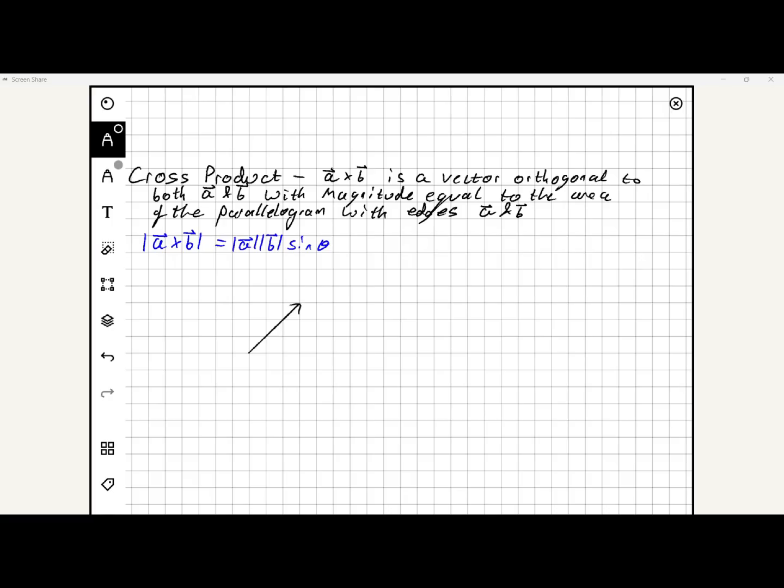We have two vectors a and b. Then we have an angle here of theta, but we know that this is a right angle. It doesn't necessarily have to be a right angle though, but let's say we have a and b which is orthogonal. Then our a cross b will look something like this.